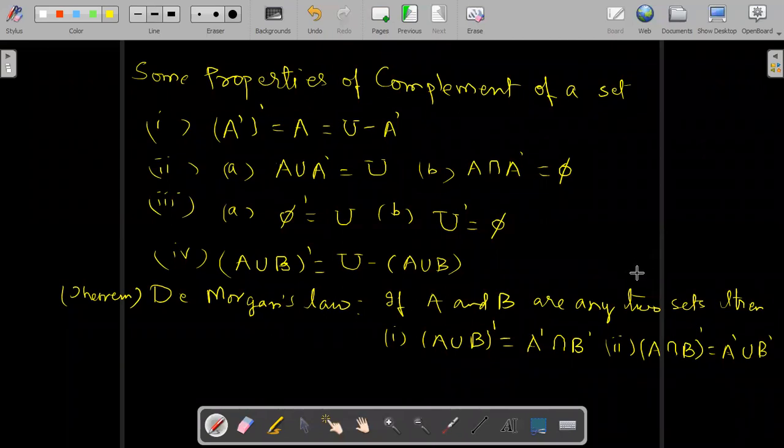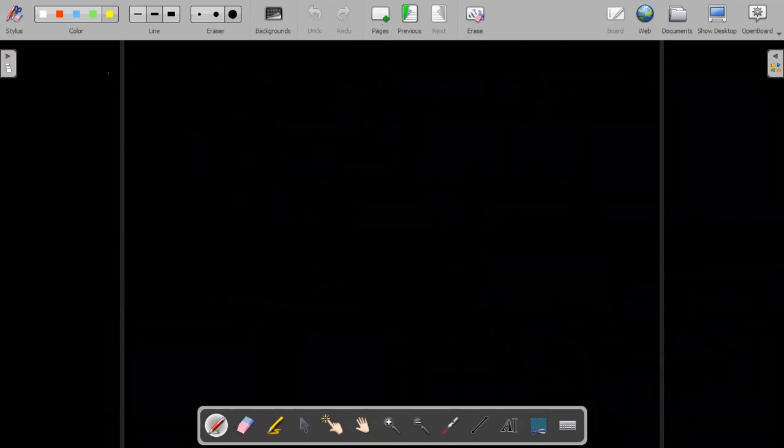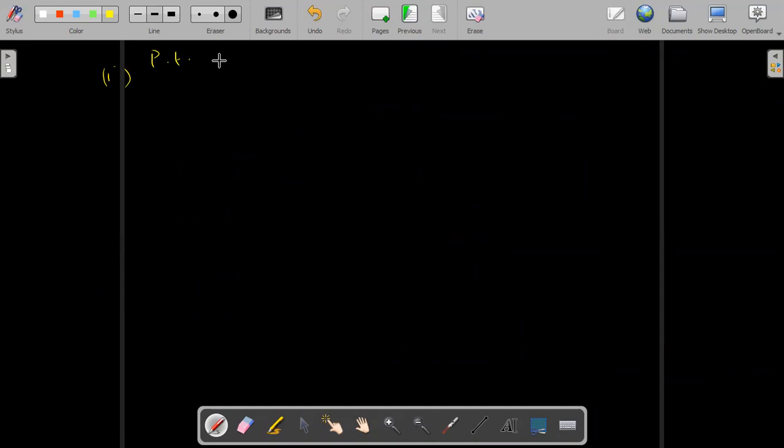We can represent this by a Venn diagram also, and we can prove these two theorems also. First we will prove that A union B complement is equal to A complement intersection B complement.